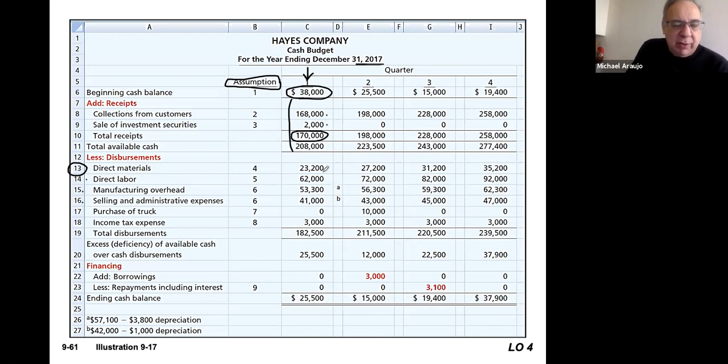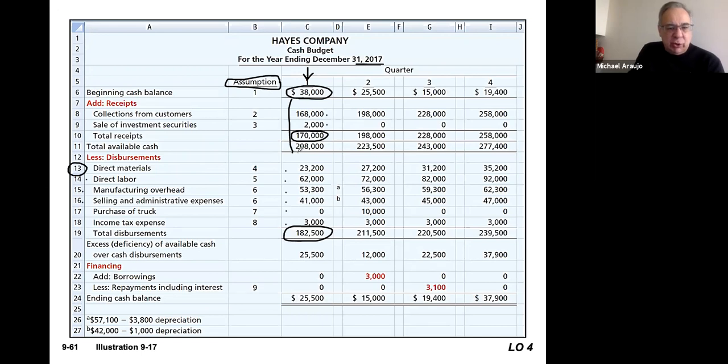We already saw how they needed $23,300 for materials. They need $62,000 for labor in the first quarter, $53,300 for overhead, $41,000 for selling and administrative, nothing for the truck, but they have income tax, $12,000. They pay it equally, $3,333. So they need to pay out $182,500 of cash.